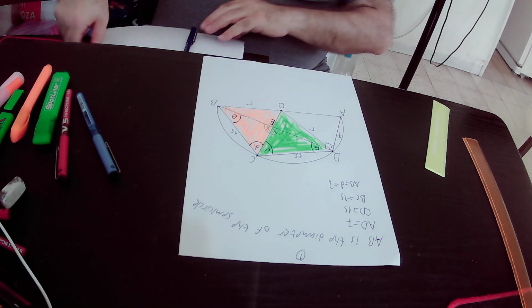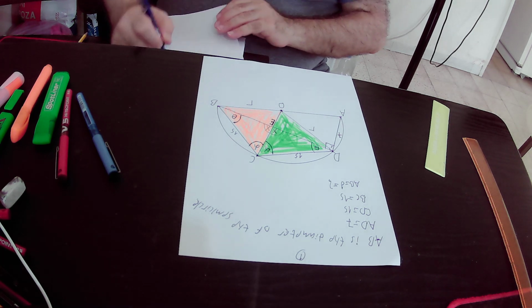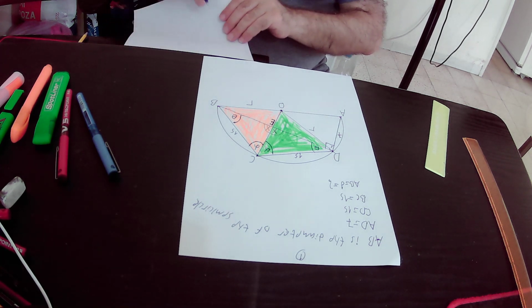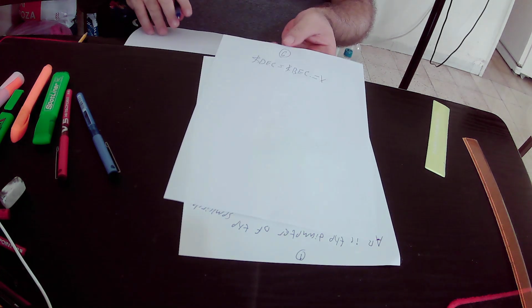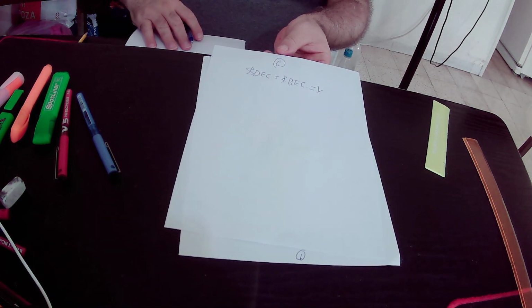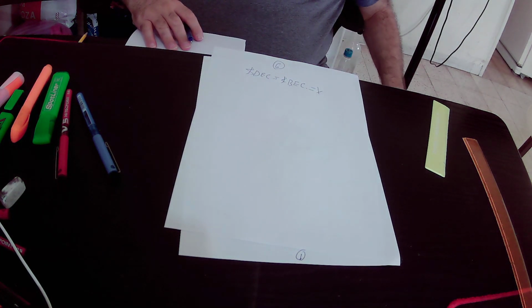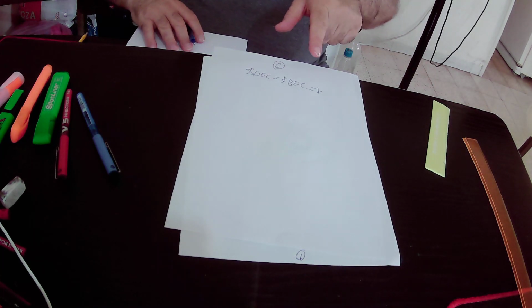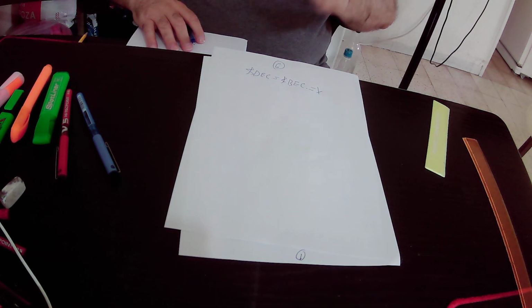So angle DEC equals angle BEC, and according to our definition, both those two angles are equal to x.